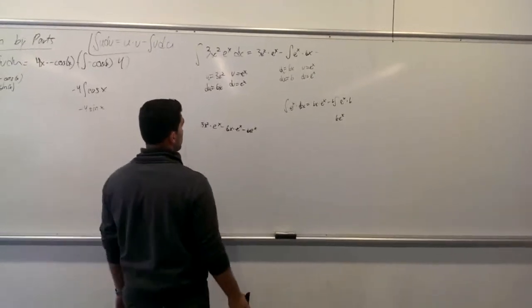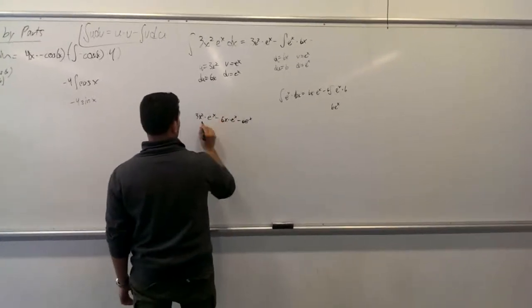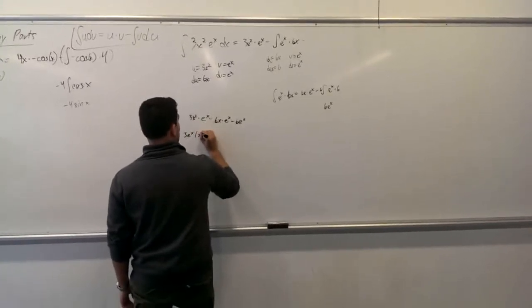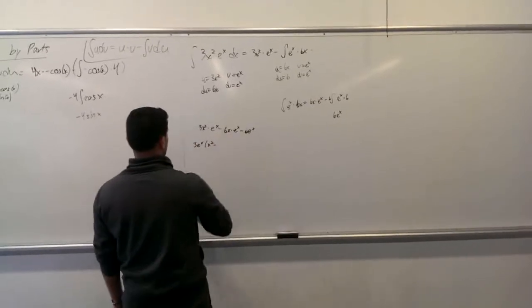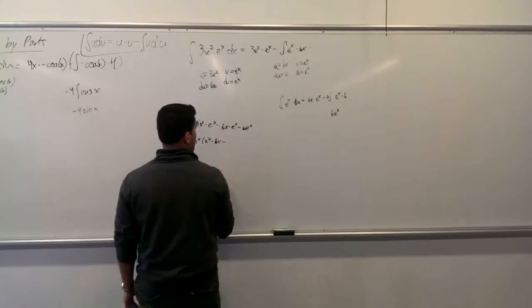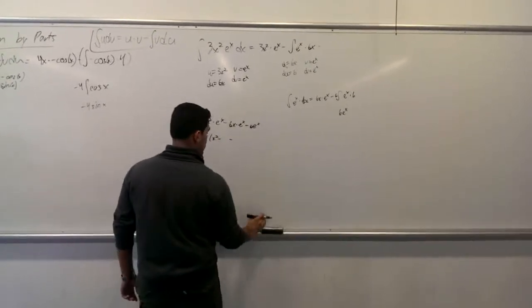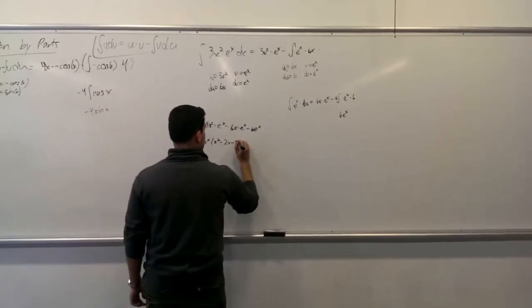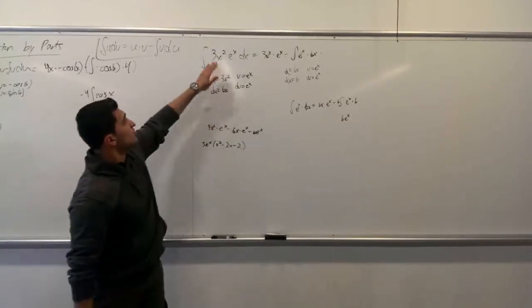You can take, for example, 3e^x out of everything. You get something like x squared minus 6x minus 2x minus 2. And that will be your solution for this problem.